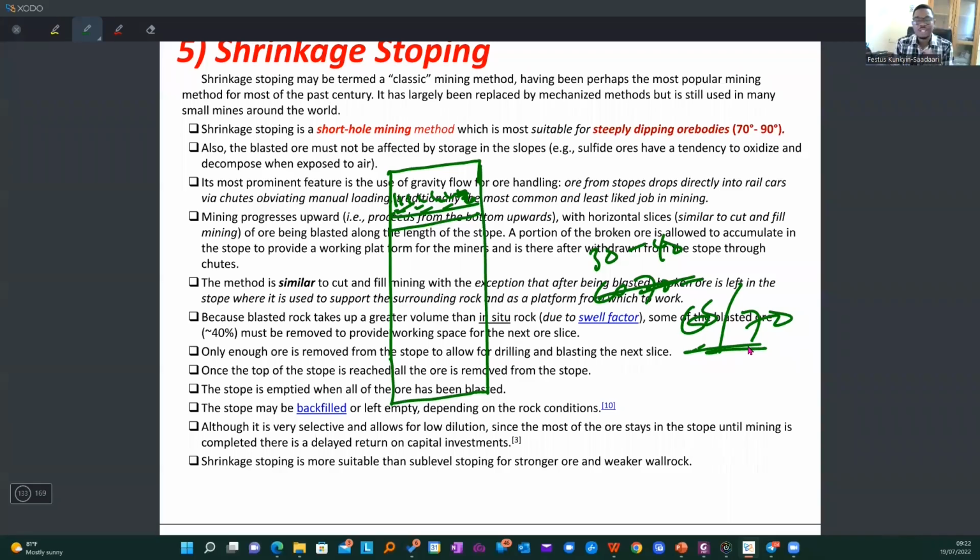And again, this particular method has another disadvantage: how can I blast 100% and I can only take 40 maximum? So if you are hungry for your deposits or your blasted muck, this kind of method wouldn't suit you. So that is that for shrinkage stopping.